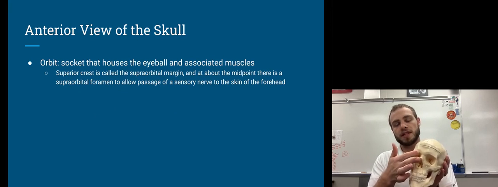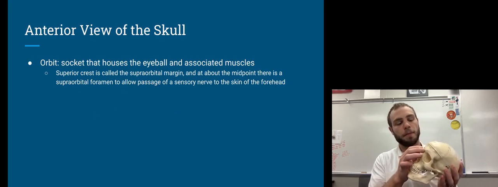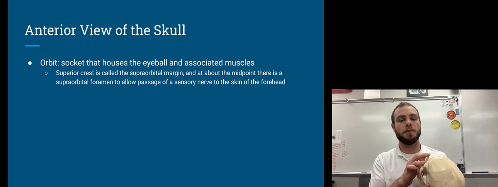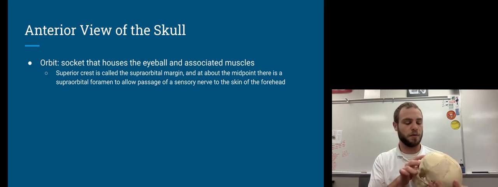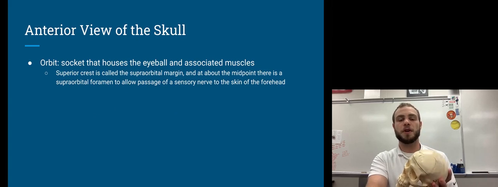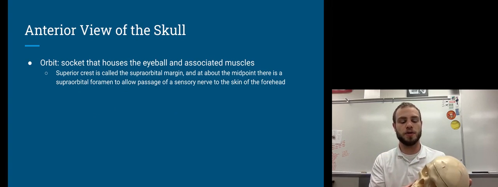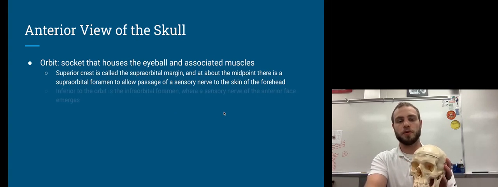You have this crest here, which is going to be called the supraorbital margin. And at about the midpoint, there's going to be a supraorbital foramen, which I'm just now realizing this skull is missing, but I promise you that it's there. But that's going to be where a sensory nerve that reaches to the skin of the forehead is going to exit through that supraorbital foramen.